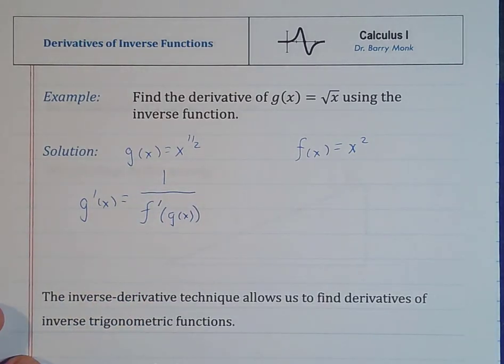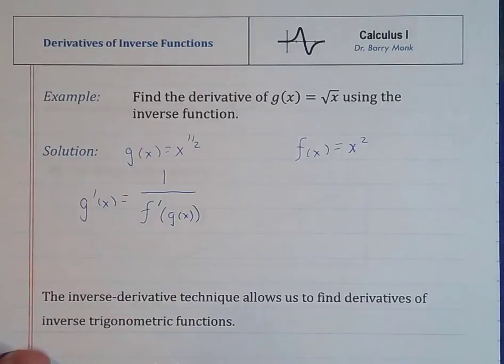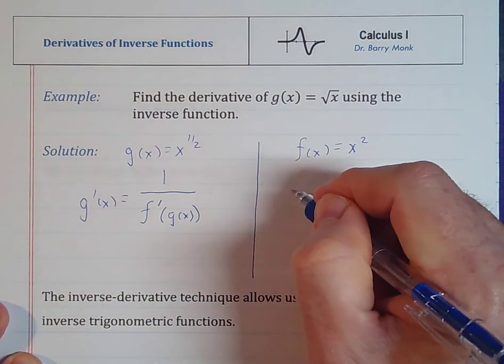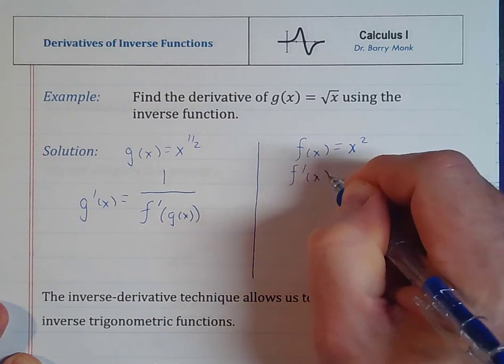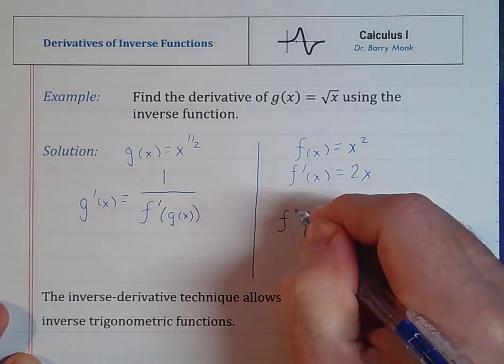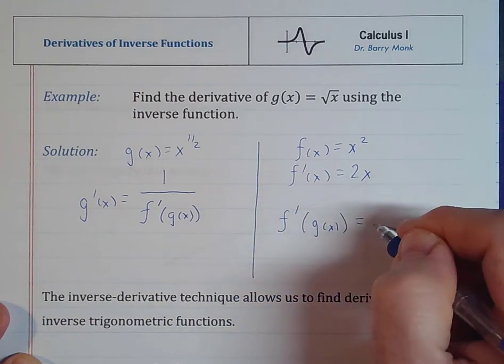That's the formula that we just came up with right over here. So let's play with this a little bit. f of x equals x squared, so f prime of x is equal to 2x. Pretty easy.